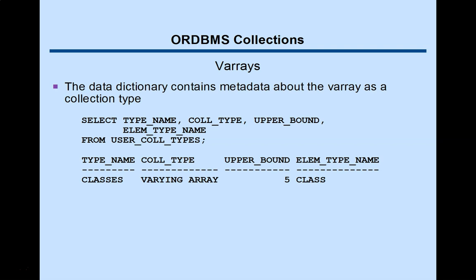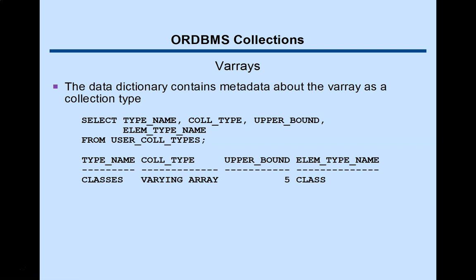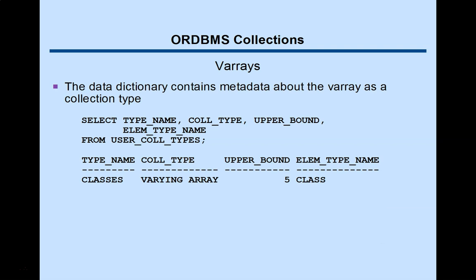We have the name, which is classes. The collection type in this case is a varying array rather than a nested table. Upper bound is now applicable. This was not applicable with the table. And the element type name is class. We have class objects.